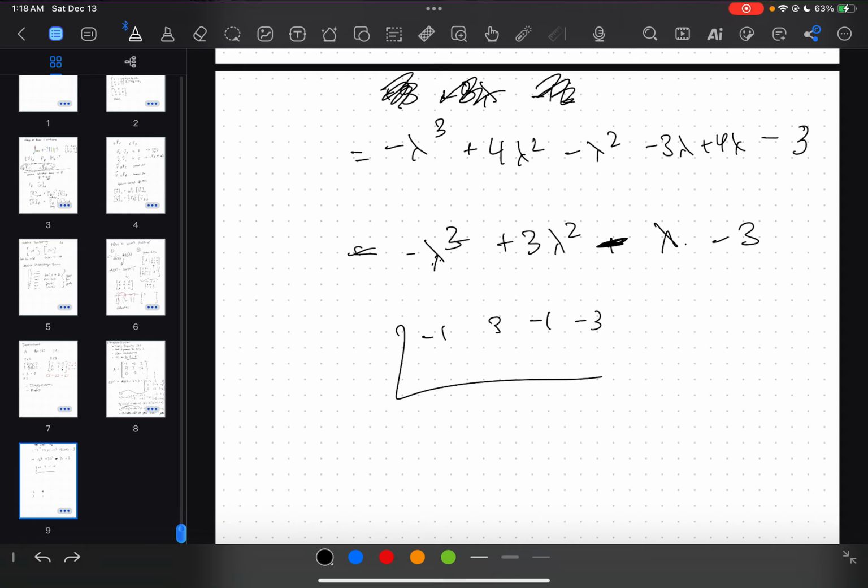I swear. Negative 1, 1, so minus 1, 2, 1.